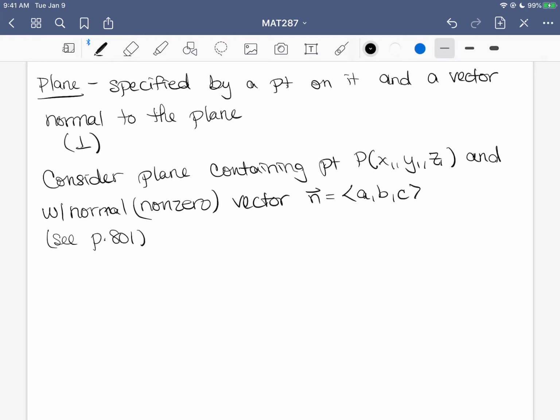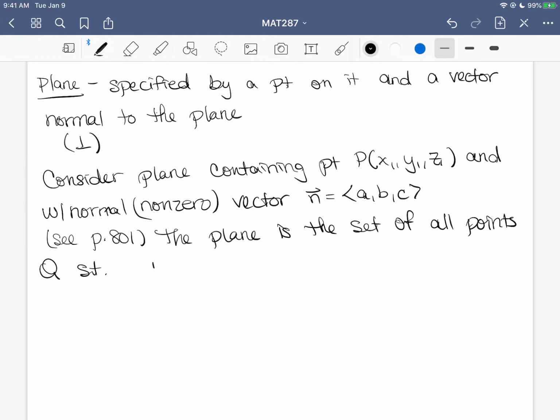So the plane is the set of all points Q such that PQ is perpendicular to the normal vector. Well, what does it mean for two vectors to be perpendicular?